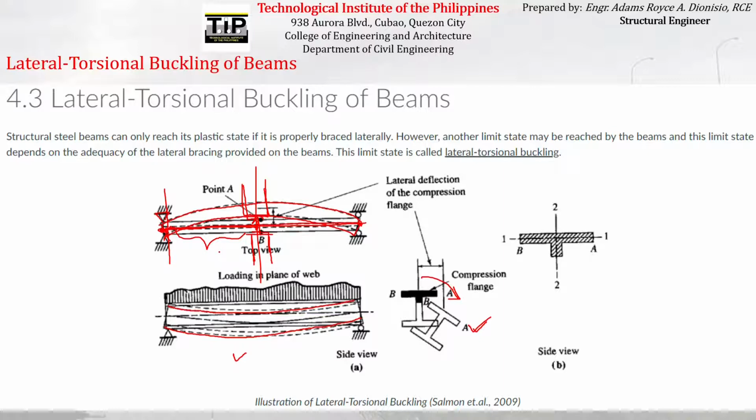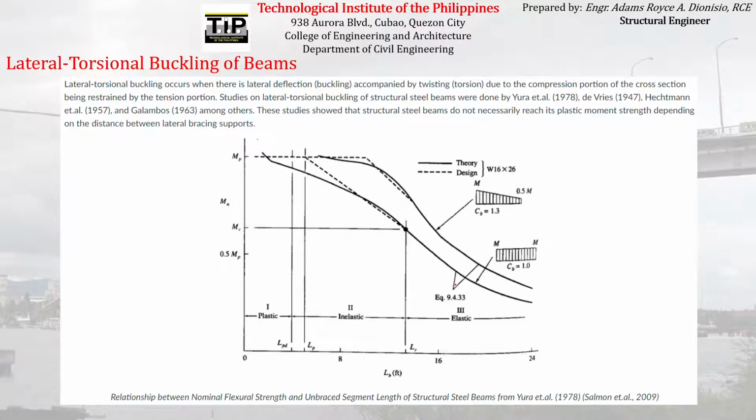So the role of that lateral bracing is to prevent this scenario from happening, to prevent the buckling of the cross-section laterally that will result in lateral torsional buckling, a combination of torsional buckling as well as lateral movement. We don't want that to happen.